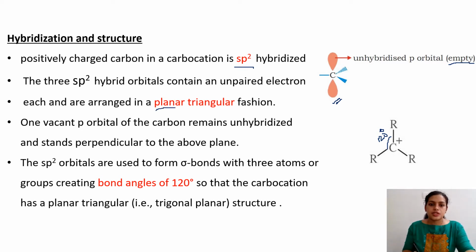The shape is planar triangular and the bond angle is 120 degrees. So regarding hybridization and structure, the carbon carrying positive charge is sp2 hybridized, the 3 sp2 lobes form sigma bonds with 3 other atoms or groups, and the unhybridized pz orbital, which is in a perpendicular plane direction, is empty.